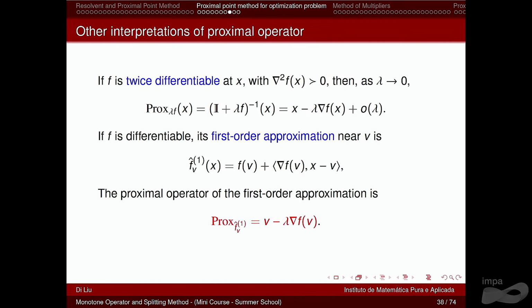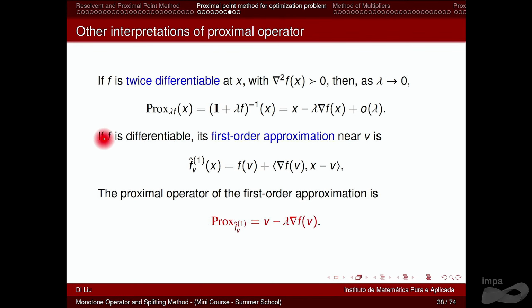And some other interpretations. If f is twice differentiable, okay, we assume the Hessian is positive definite. When lambda is small enough, this comes from the idea of the Taylor expansion, okay? The proximal operator of f is just the gradient descent step with a small step size here, okay?